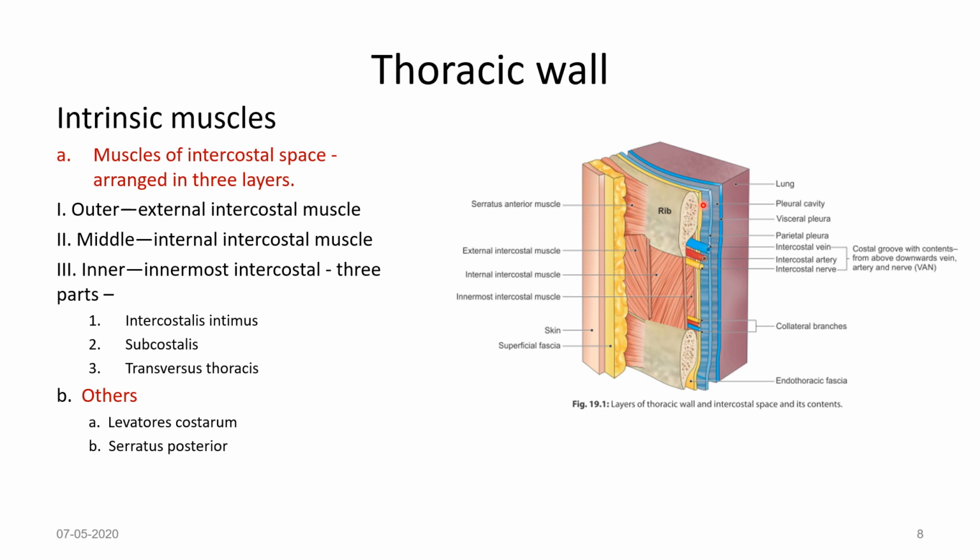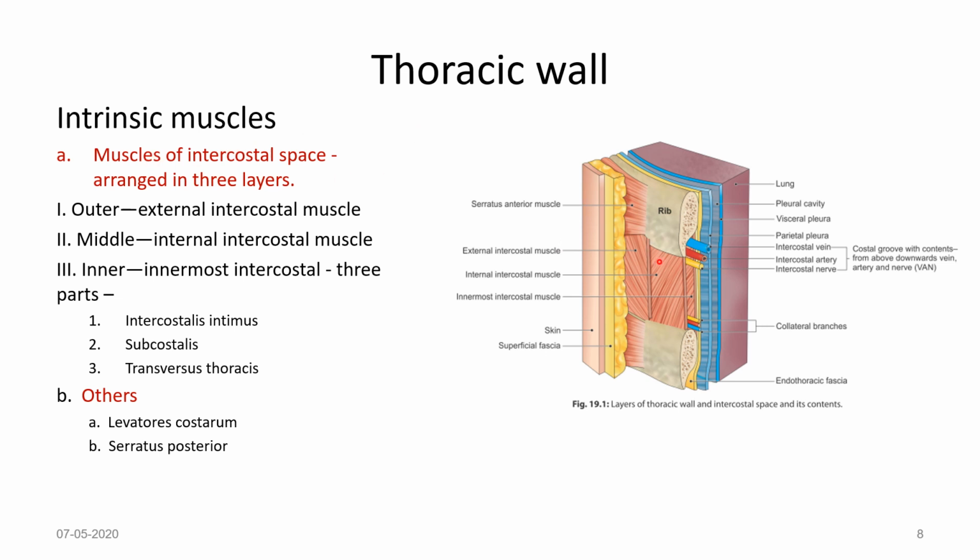Then next to it you will be seeing the endothoracic fascia with the pleura, that is the parietal pleura. This is the endothoracic fascia, this yellow one. Then you are seeing the parietal layer of pleura, then the pleural cavity, and then the visceral pleura in contact with the lung.